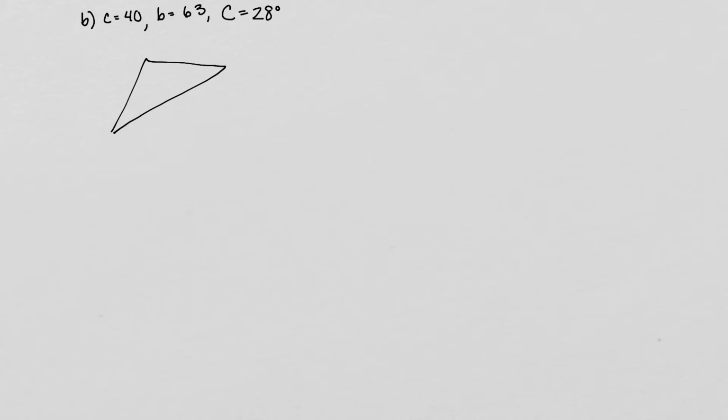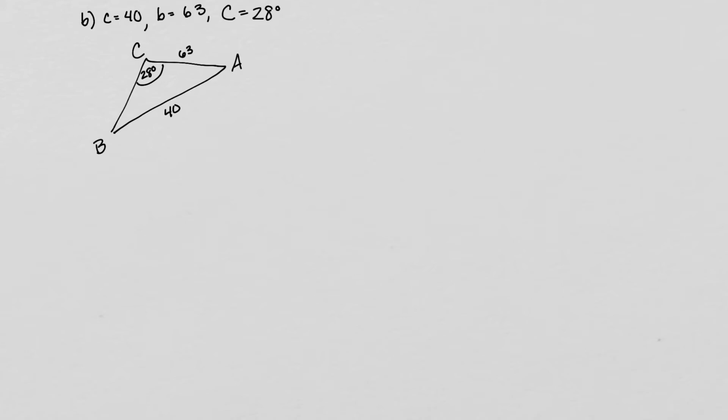So I generally tend to keep labeling my triangle the same way, ABC. So in this case, angle C is 28 degrees. This angle here looks bigger than 28 degrees. That's okay. I personally just draw the triangle so I can see what is opposite each other. That's the only reason I draw the triangle. Little b is going to be opposite capital B, so that's 63. And little c is going to be opposite capital C, so that's 40.